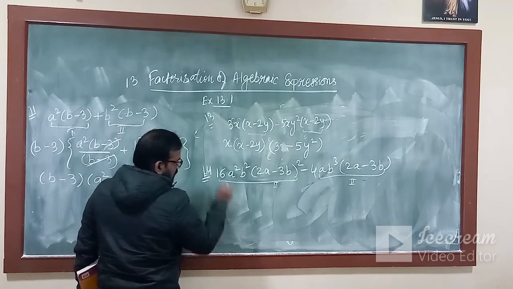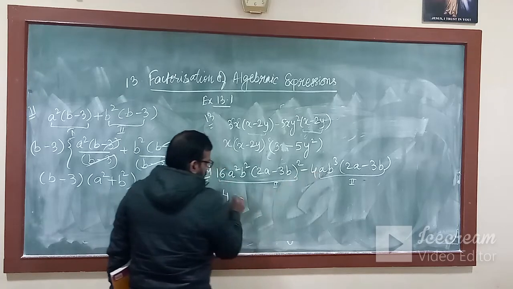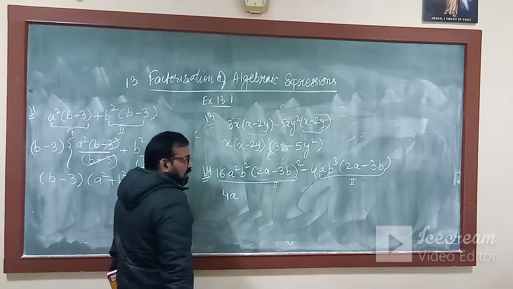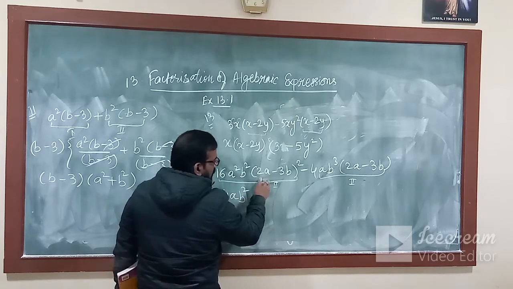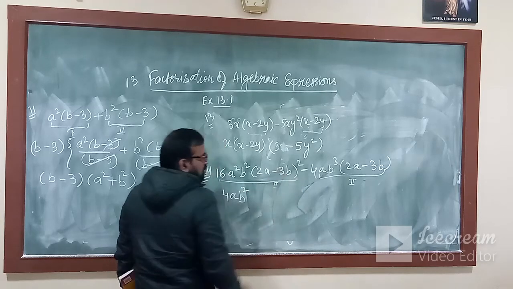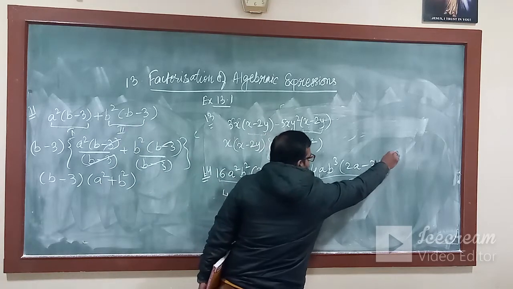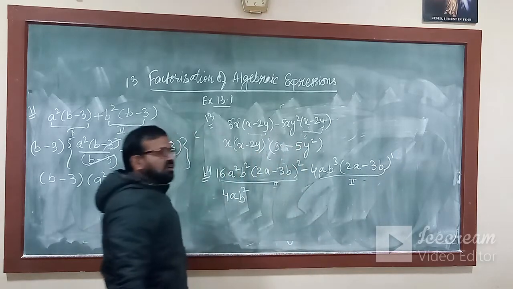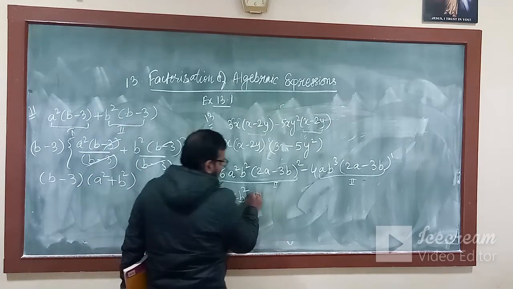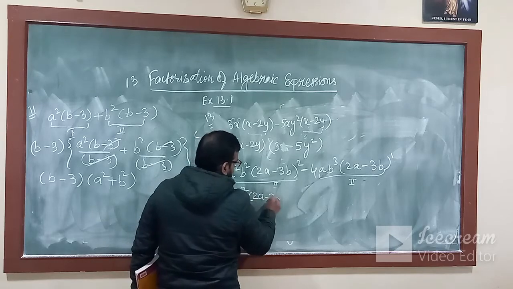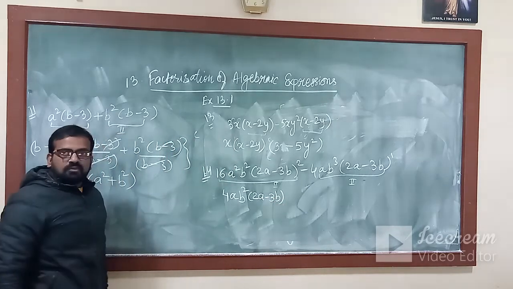HCF will be 4. Then a square and a, so the lowest power is a. Then b square and b cube, the lowest power is b square. Now this whole is acting as a term, (2a minus 3b) whole square. And here similarly it is (2a minus 3b) whole power 1. So we are taking the lowest power of 2a minus 3b. So this is the HCF of these two terms.